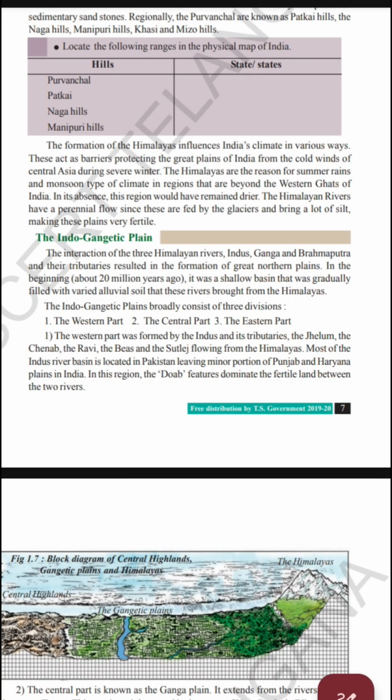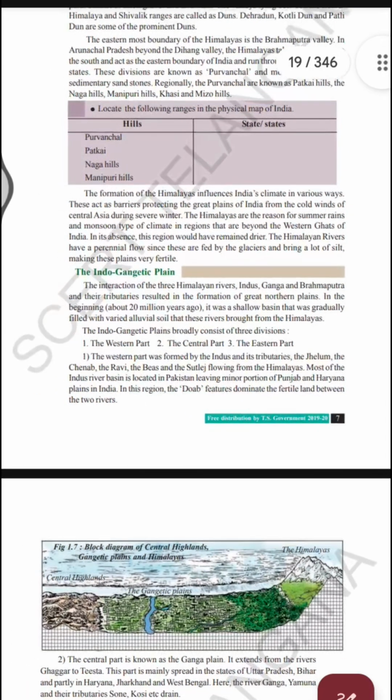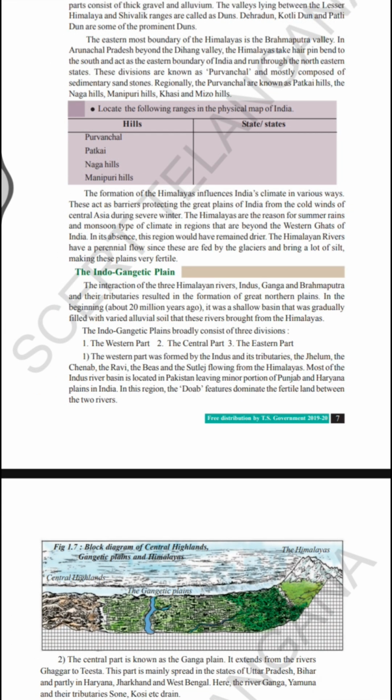So this is how three different regions are formed when the flow of three different rivers was carried out. As I told you, this is just a formation of basins. There is not much more to discuss about this, but it is a very important part because whenever the examiner is trying to ask you, he might be asking the tributaries of these rivers.